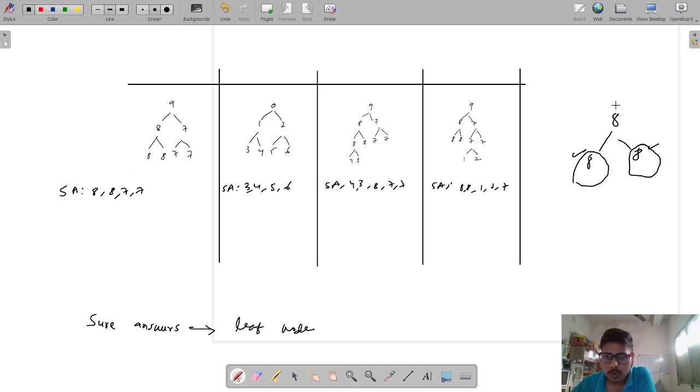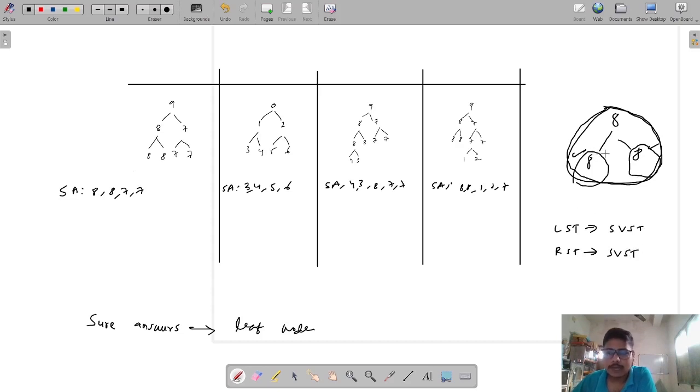So what property do we need to tell that this is a single node subtree? Listen to my words carefully. So what do we need to see to say that this is a single node subtree? We need that the left subtree must be a single node subtree. The right subtree must be a single node subtree, right?